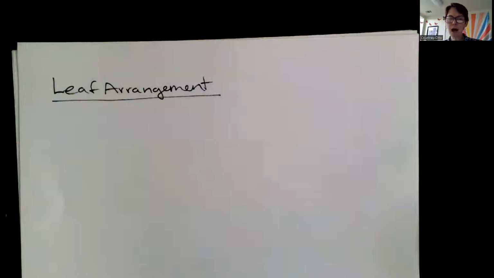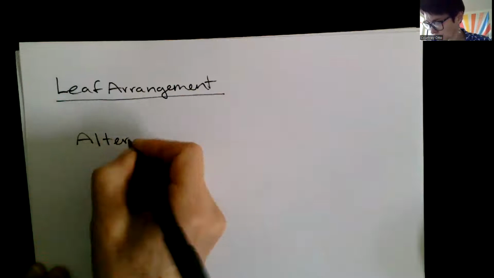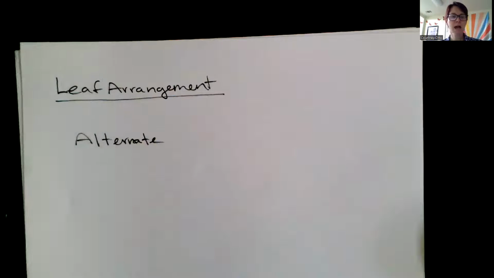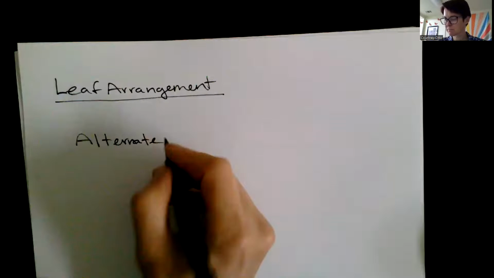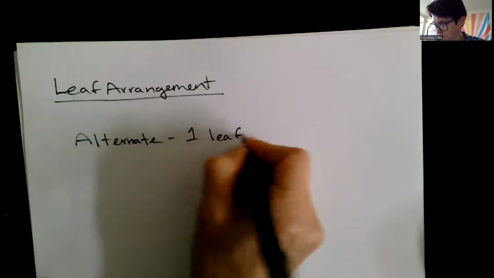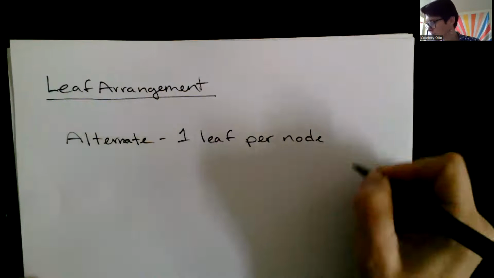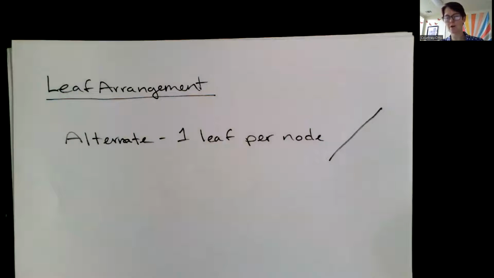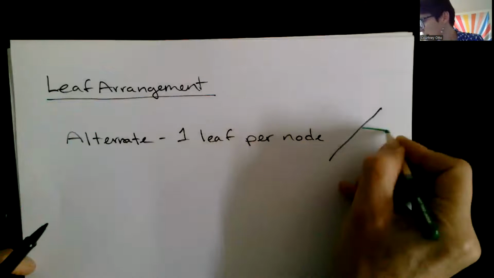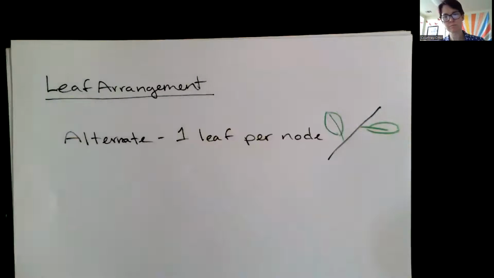And a lot of plants are going to have what we call an alternate leaf arrangement. And in an alternate leaf arrangement, there's one leaf per node. And that's going to be just like that kind of simple drawing that we just made, where I've got a node, there's just a single leaf at every single location.